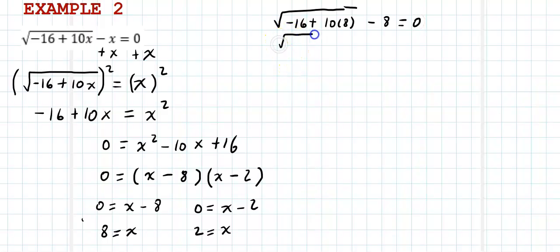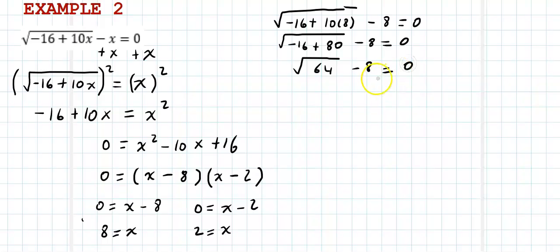So the square root of negative 16 plus 80, minus 8 equals 0. Negative 16 plus 80 is 64, minus 8 equals 0. The square root of 64 is 8, minus 8 equals 0, so 0 equals 0. So x equals 8 is one real solution.